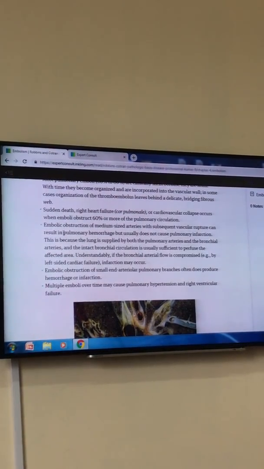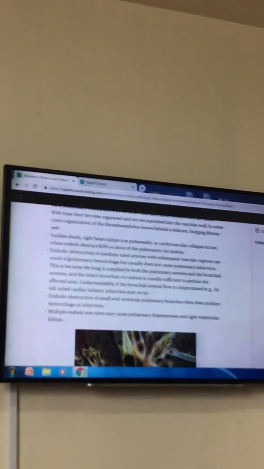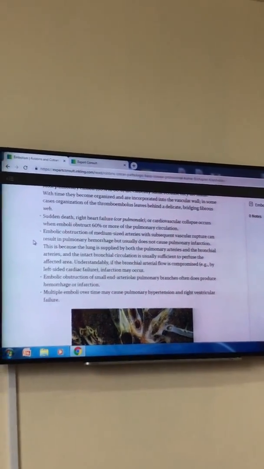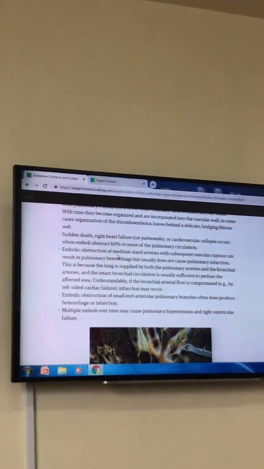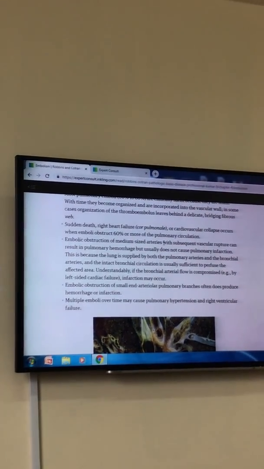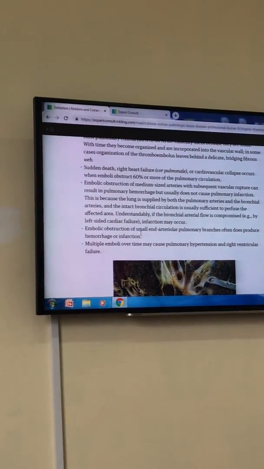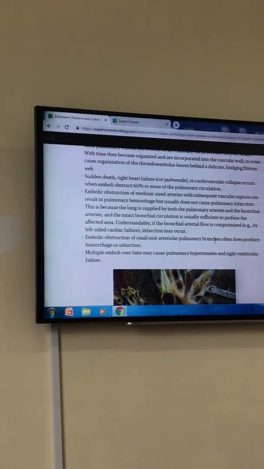And the clinical picture of the patient depends on the size of the arteries that are involved in embolism. Embolic obstruction of medium-sized arteries is less risky than embolic obstruction of small end arteriolar pulmonary branches.